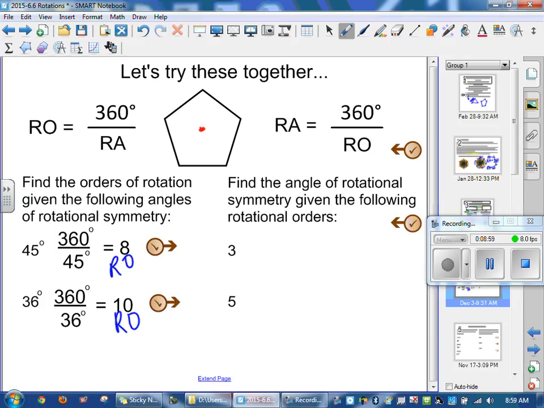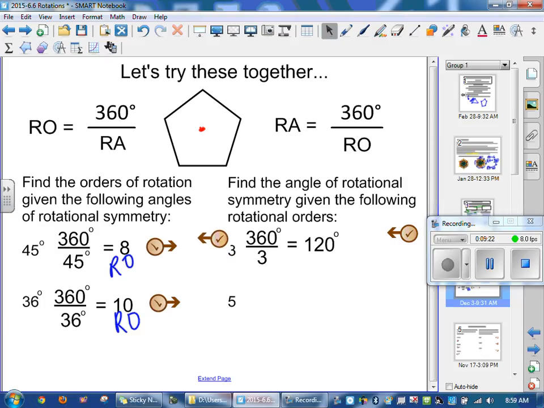Now we're going to work backwards. We're going to find the angle. How far did it move every time it turned? Well, if we take a look at number 3 and 5, the number 3 says an object turned 3 times and covered itself. But how far did it move each of those 3 times? Well, we take 360 divided by that 3, and we get 120 degrees.